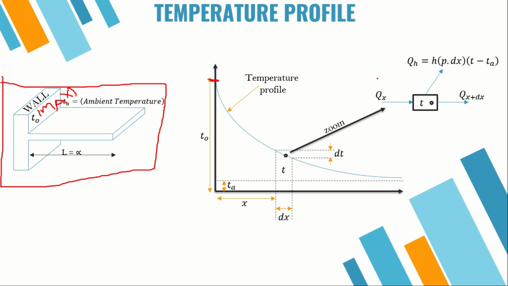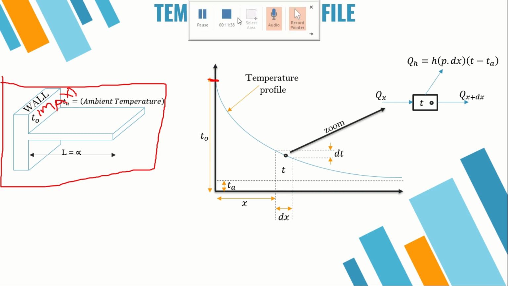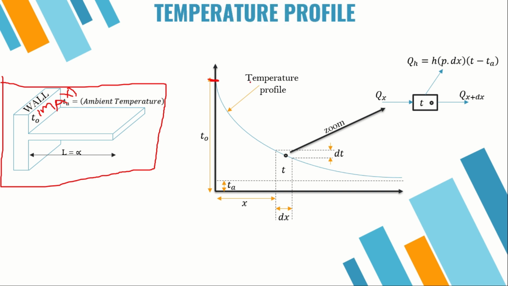So now as we know, the heat is flowing from this area to this area. So we can zoom this, and let some temperature here be T at this point.